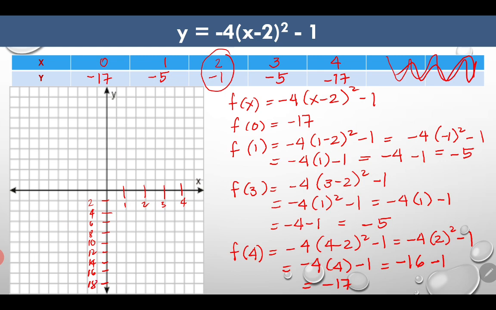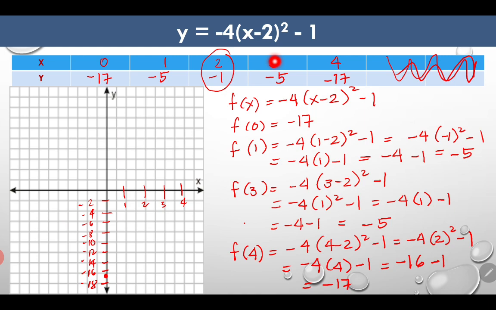Okay. So sa 0, x is 0, si y ay negative 17. So 0 si x, hindi siya gagalaw, tapos negative 17 pababa. So negative 17. Sorry, these are negatives. So that is between 16 and 18.